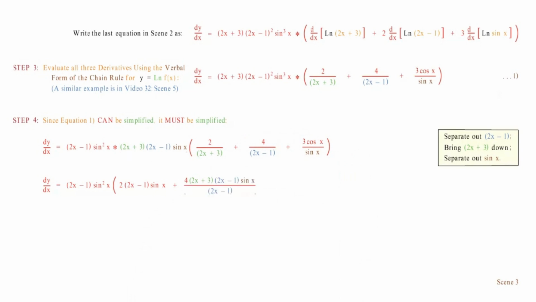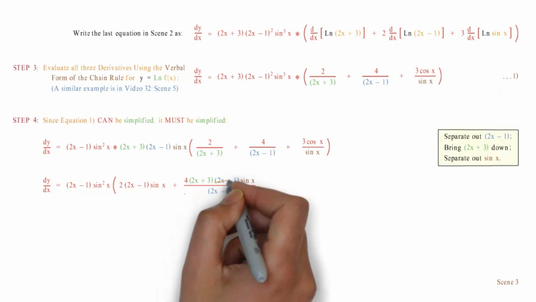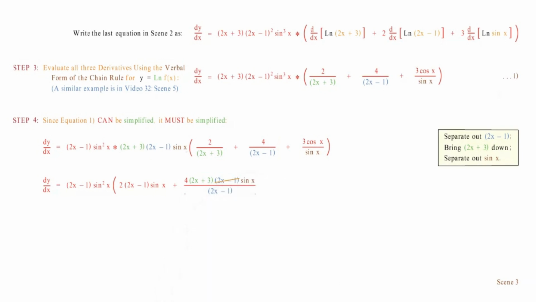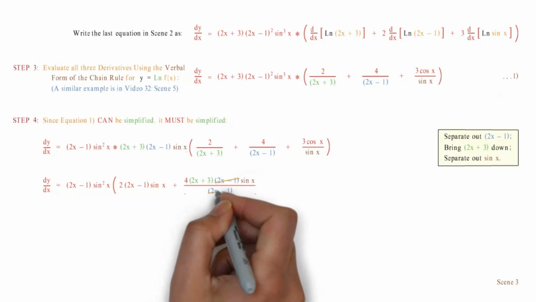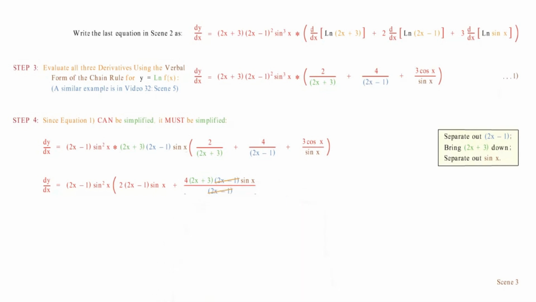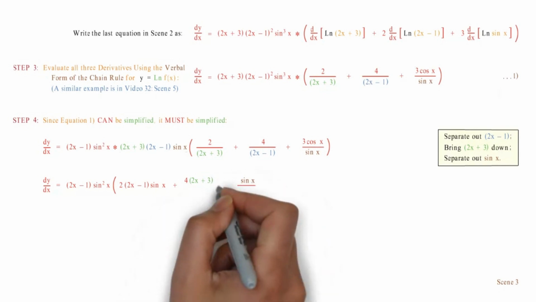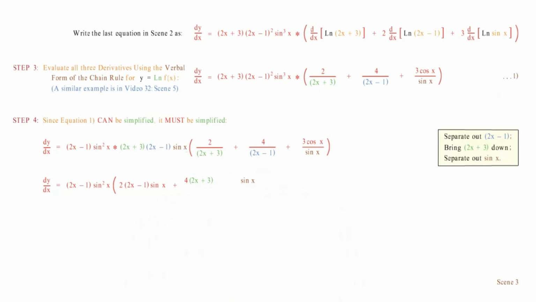Now cancel 2x minus 1 with 2x minus 1. Plus is plus.